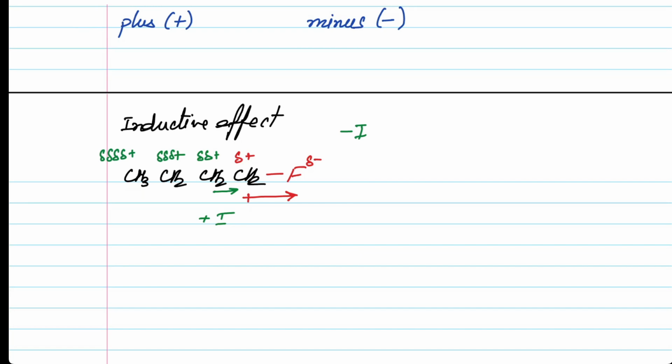The minus I effect decreases the negative charge on a species, increases the positive charge on a species, whereas the plus I group decreases the positive charge on the species and increases the negative charge on the species. The minus I effect stabilizes the negative charge, while the plus I effect stabilizes the positive charge.